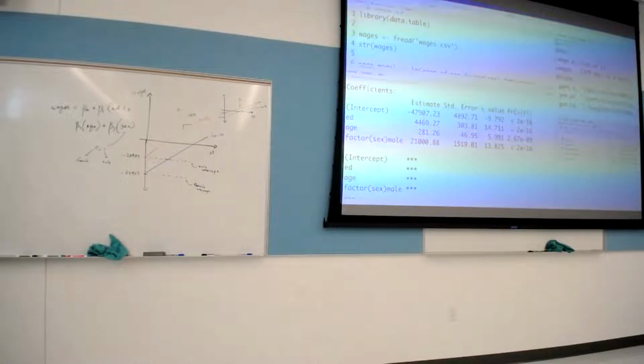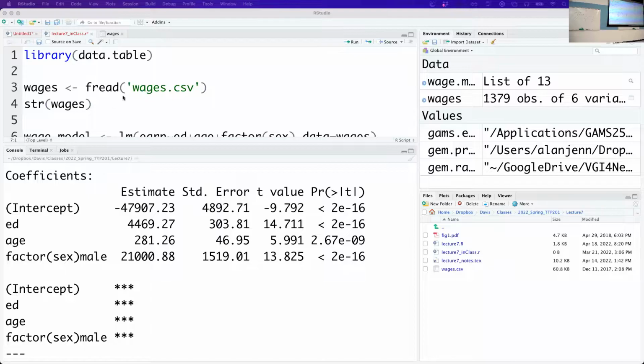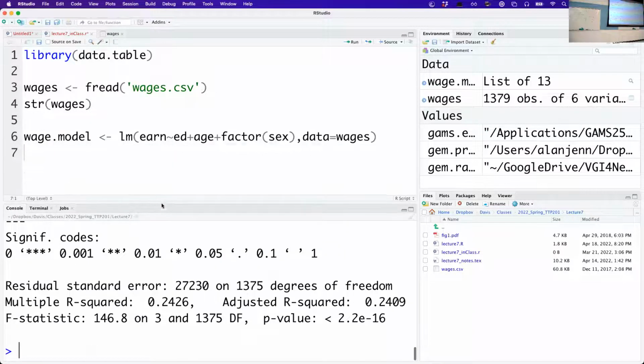Okay. Let me jump back over to the code. So how good is this model?